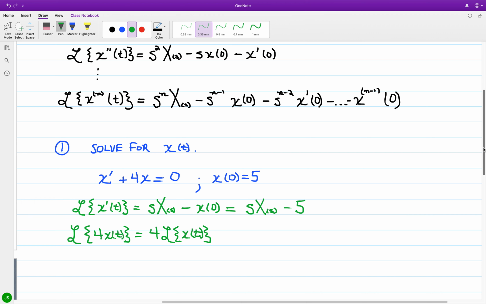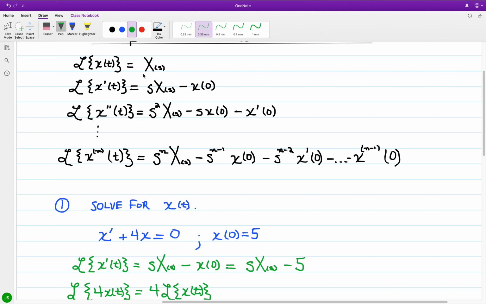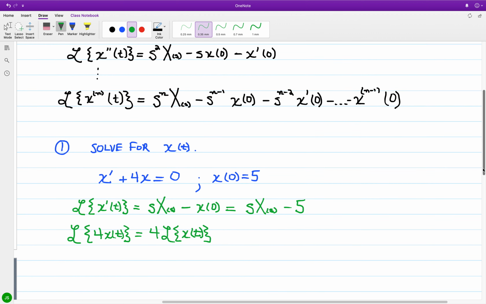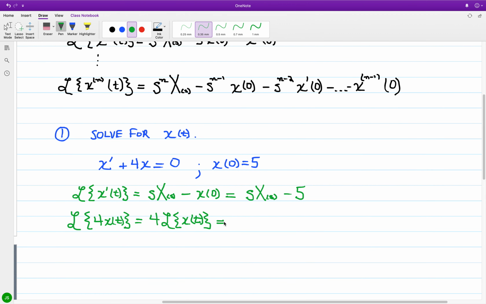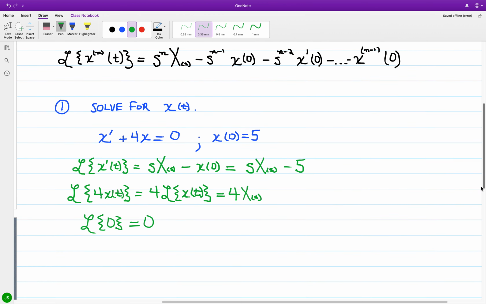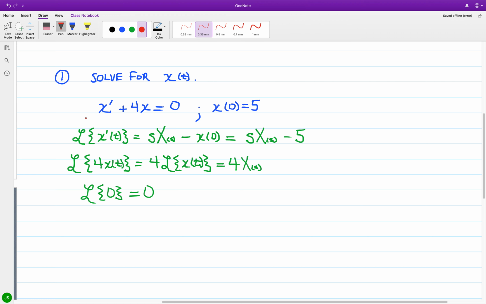Again, the Laplace transform of x of t goes to the Laplace transform x of s, so you have 4 times the Laplace transform x of s. And with the constant 0, the Laplace transform of 0 is equal to 0.